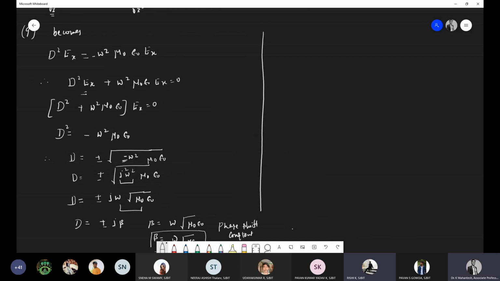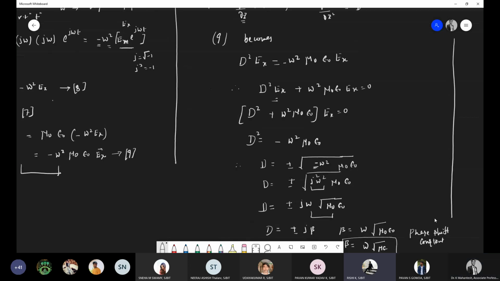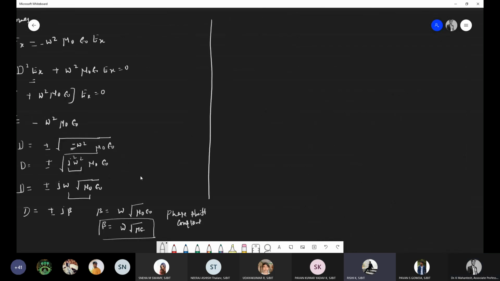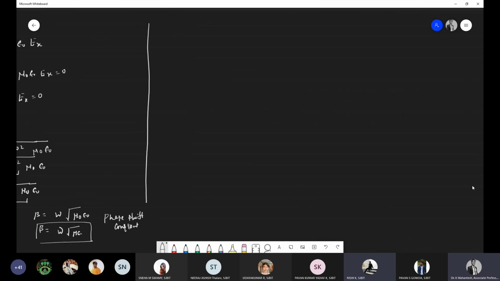So here, if you look at equation number 9, what is equation number 9? So equation 9 was this. Okay. So if you look at equation 9, the solution of equation 9 by taking the integral form and all, there is no simplified form here.